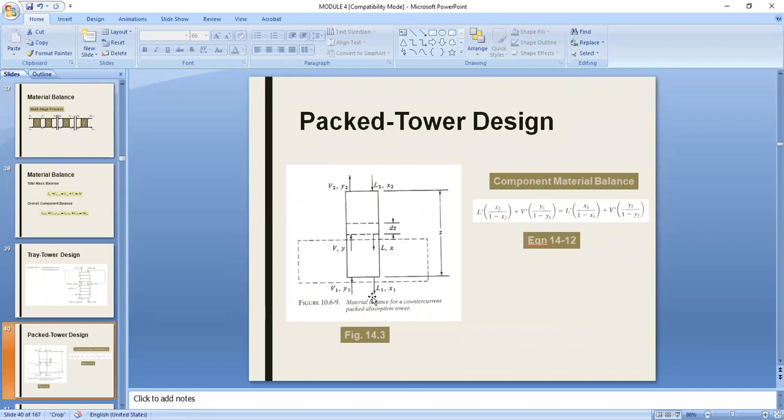Notice at the bottom of the column you have 1, and at the top of the column you have 2. This is how McCabe represents it. This equation is found in your handbook. I have indicated it in here.